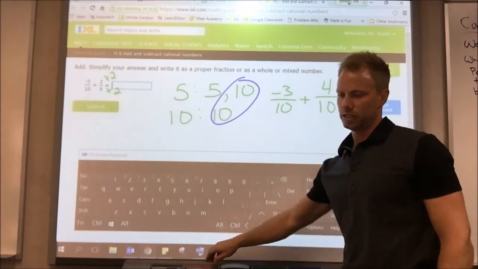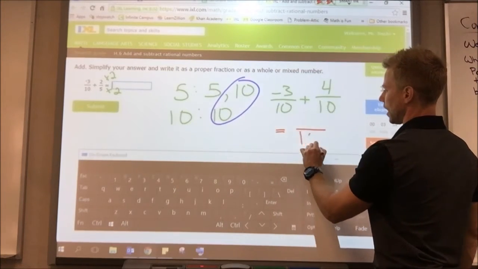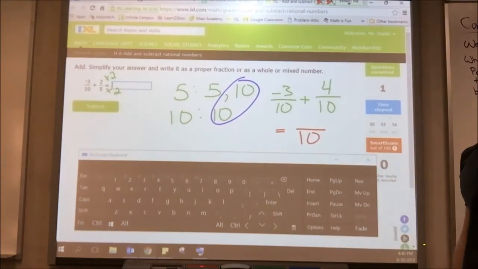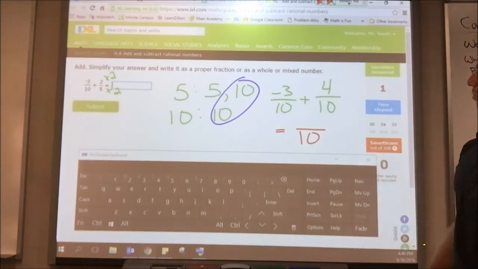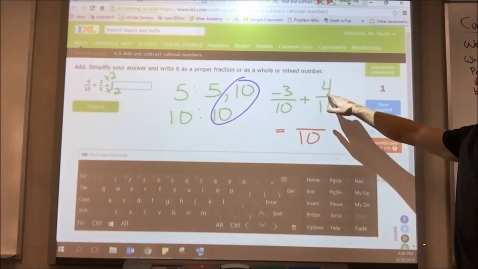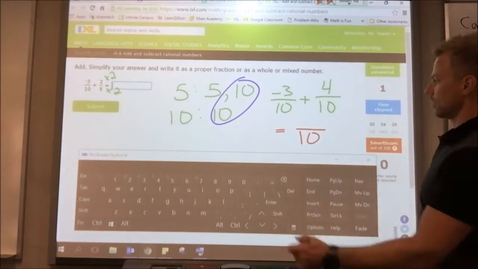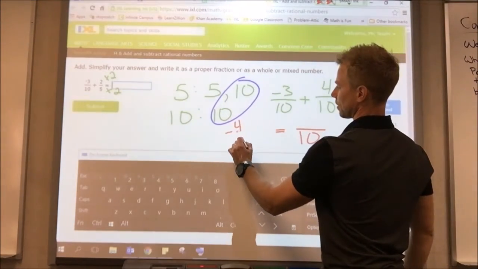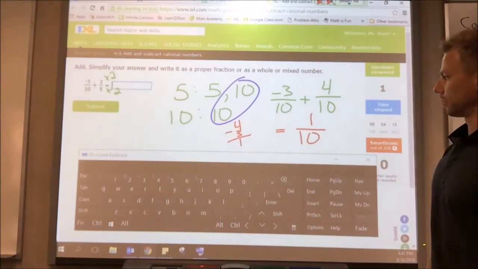Now we can actually add them together. When you add fractions, the denominator does not change once you have the common denominator. So that's going to be 10. The top, we're going to apply our rules. We have a negative 3 and a positive 4. That is unlike, so that tells us to subtract. 4 minus 3 is 1, and keep the sign of the bigger number.